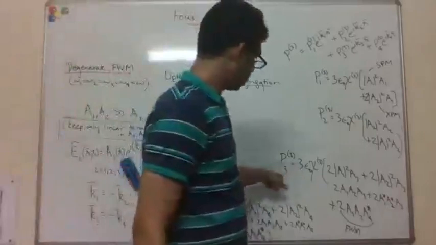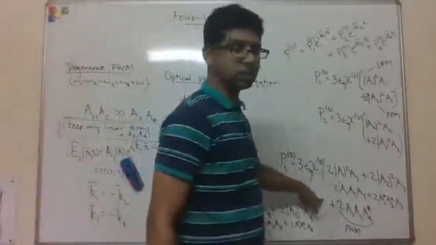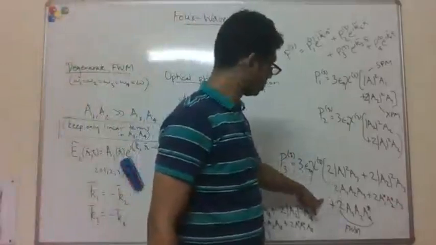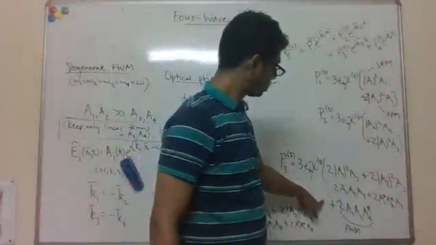So in P3, you're saying there's an additional term? Yeah, there is another term that is A1 conjugate, A2 conjugate and A4 conjugate.